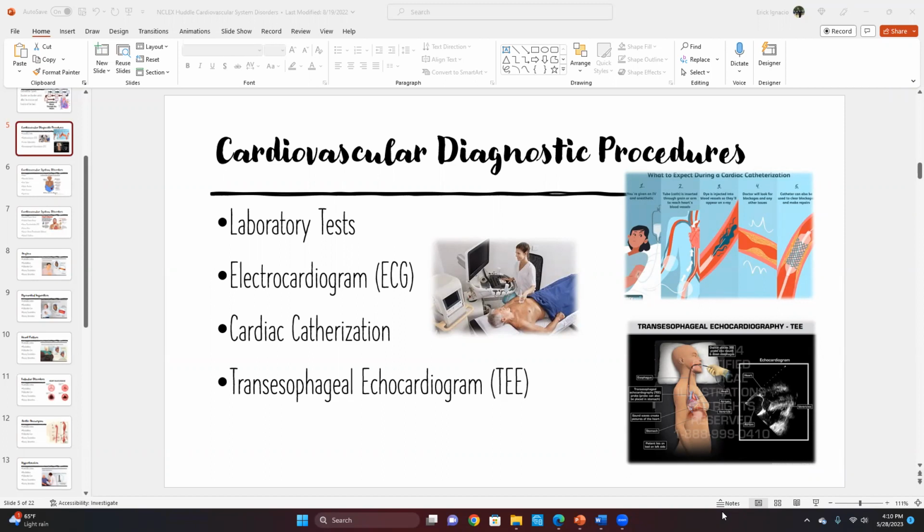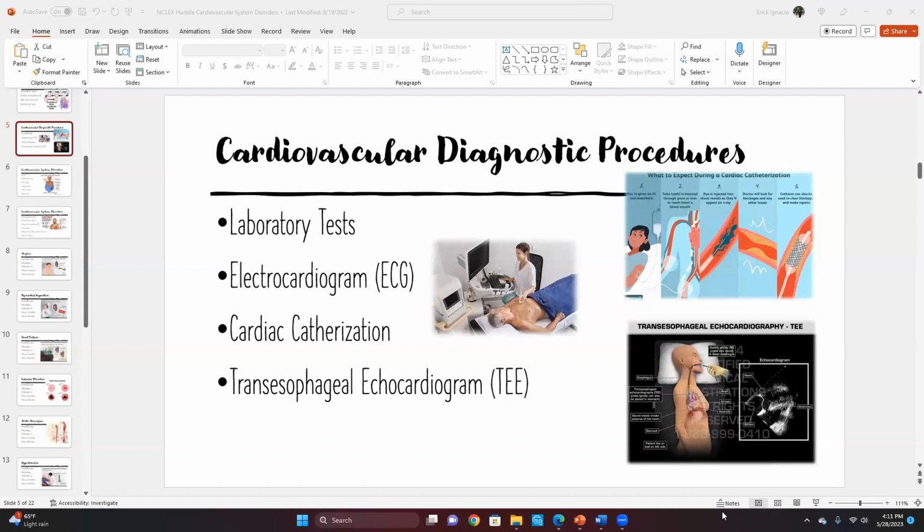Lab tests for your cardiovascular patient are going to be serum electrolytes and your erythrocyte sedimentation rate, that is your ESR. Remember, elevated ESR indicates inflammation in your patient. We're also going to be looking at C-reactive protein, and blood coagulation tests, that is your PTT, which is most significant if your patient has heparin therapy.